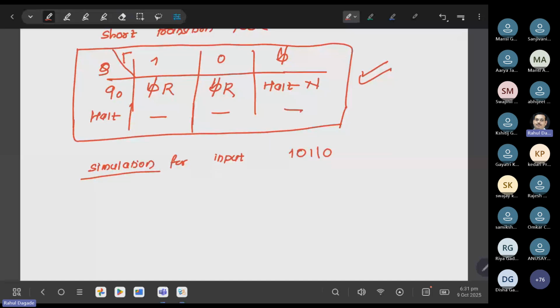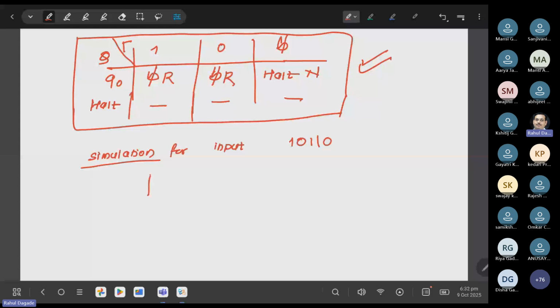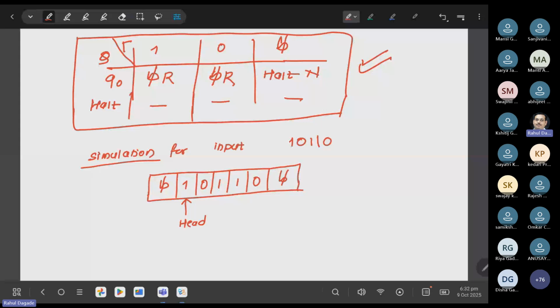This input you can first represent on a tape: blank, 1 0 1 1 0, then blank. And initially your head is here. This is the head, and initially it is in state Q0.